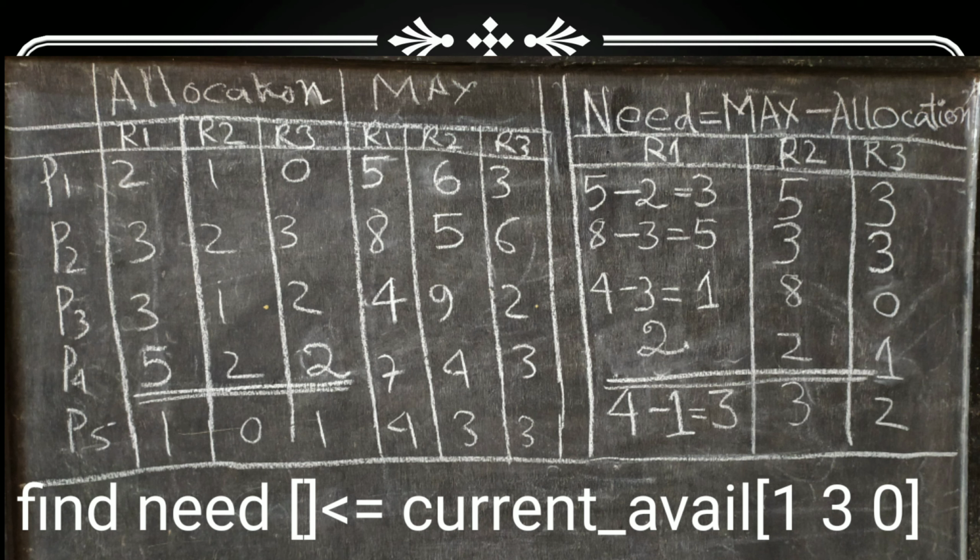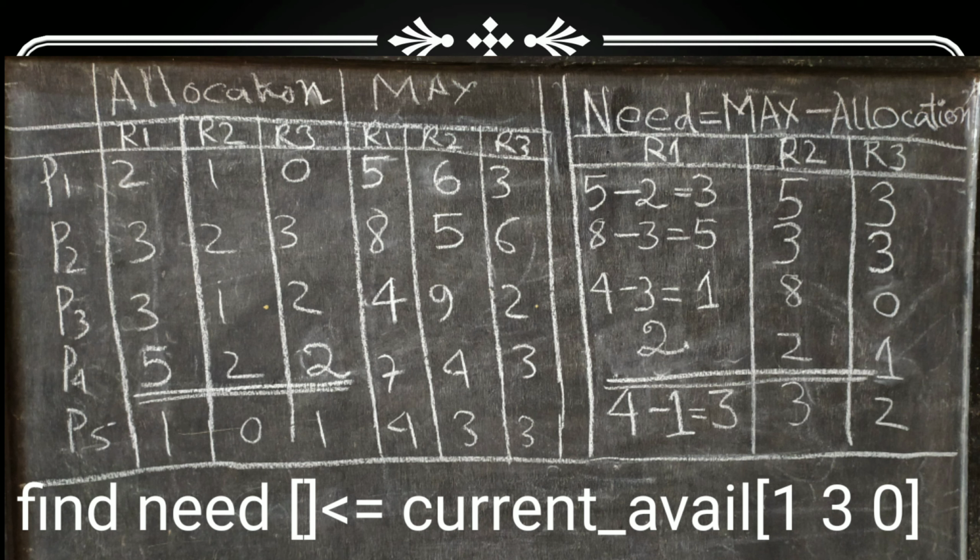Now check whether need is less than or equal to the current available. That means we have to call the banker's safety algorithm, which we already discussed in our previous video and explained the numerical in detail.